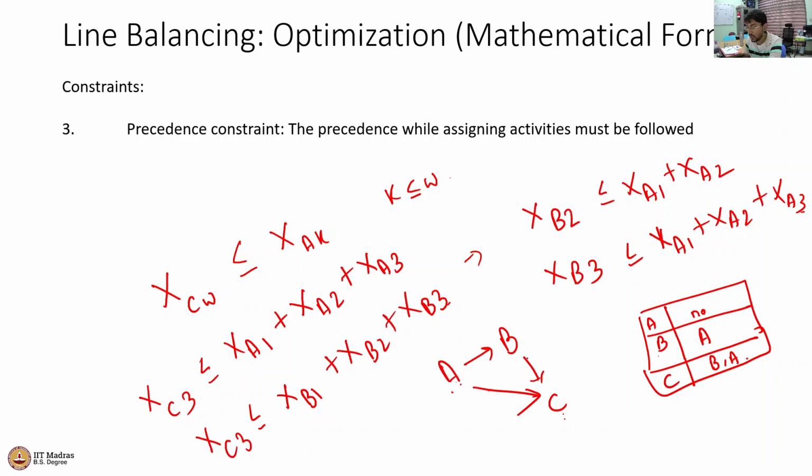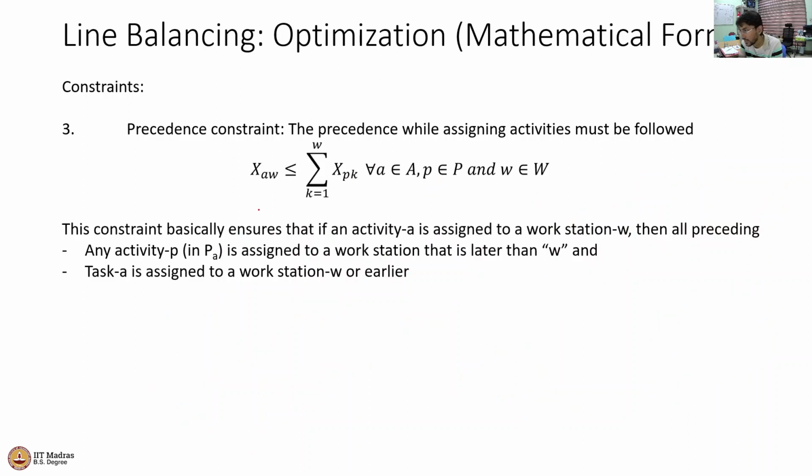So in mathematical notation, it will look like this: any given activity A, if it has to be assigned to workstation W, then for all preceding activities, it must be assigned to a workstation that is less than or equal to W. So this is the mathematical notation of our precedence equation.